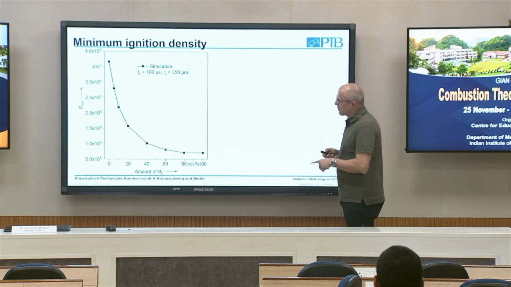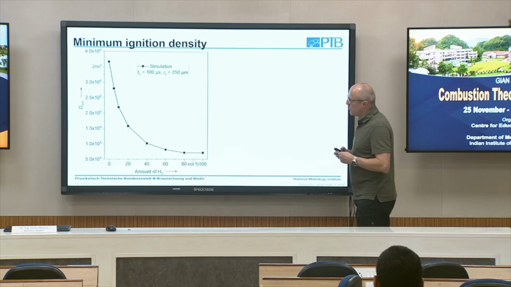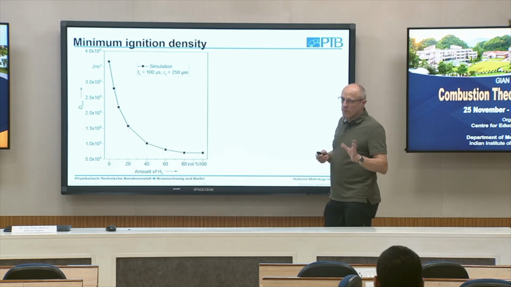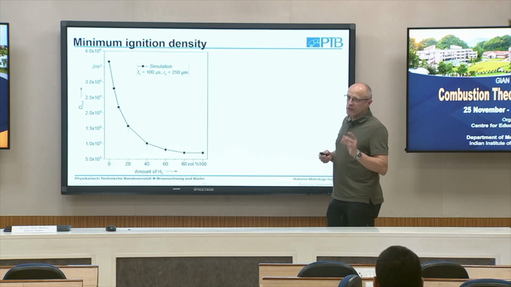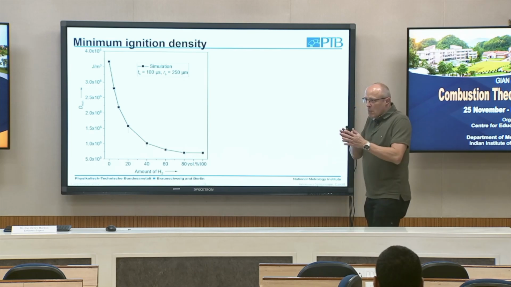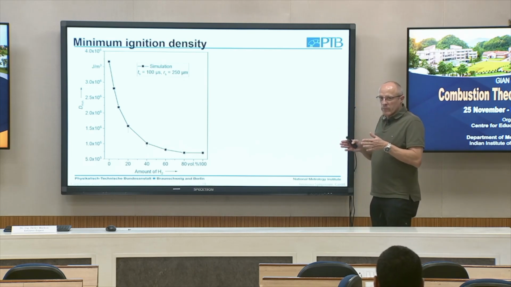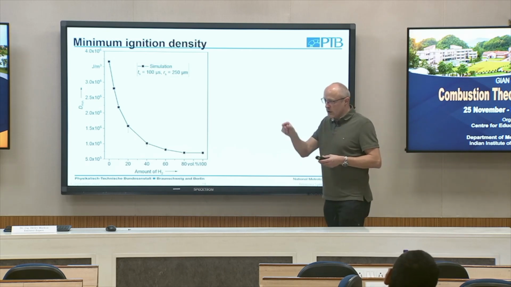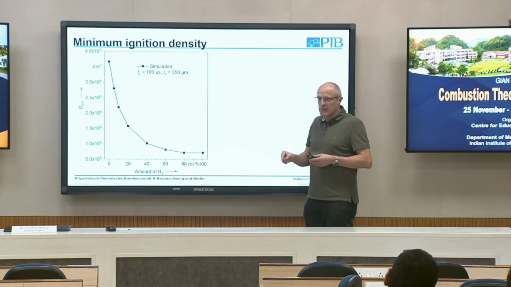And what we have not considered here, which I will show you later in this lecture, if we use sparks with such a high energy, they are also much broader. So in a typical spark for hydrogen, we are talking of a radius of the plasma of maybe 100 micrometer.